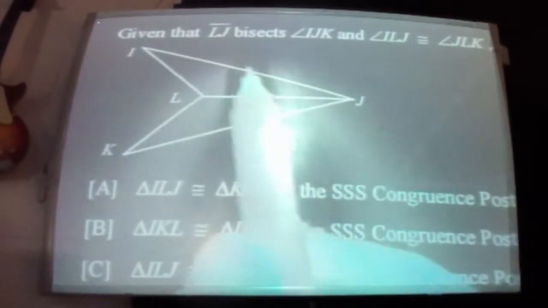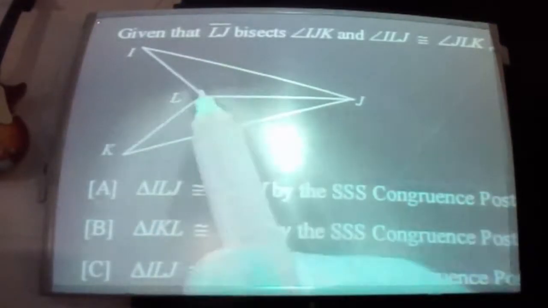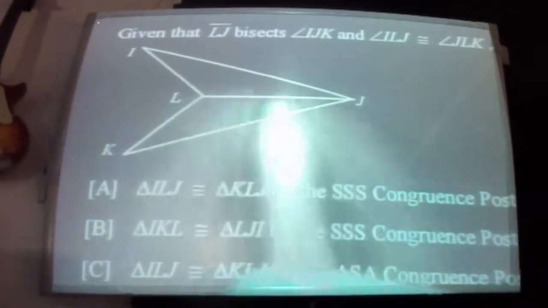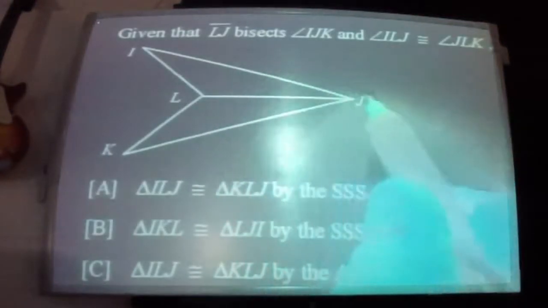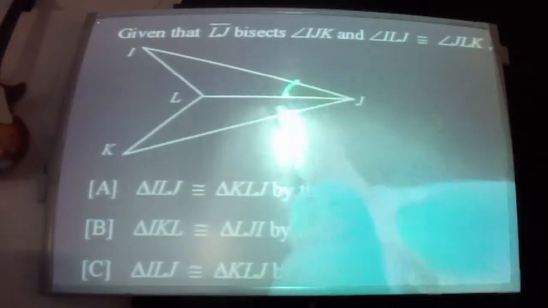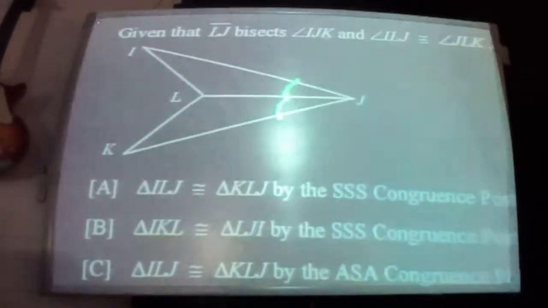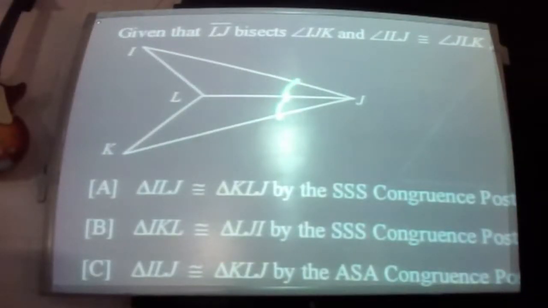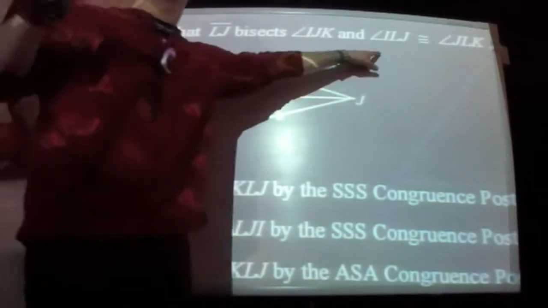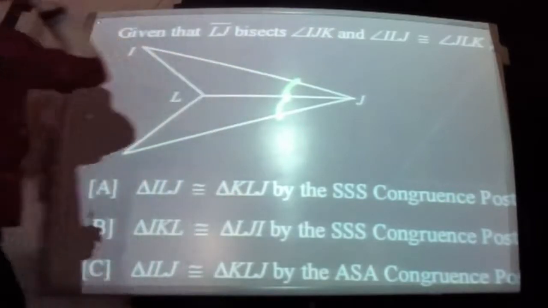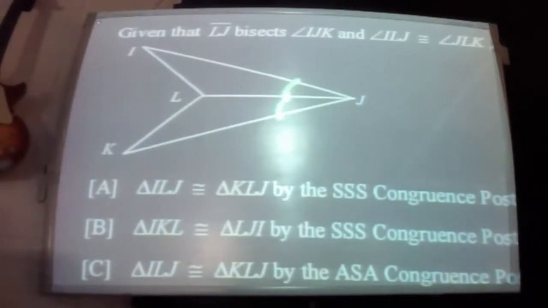They're telling you LJ is bisecting this angle right here. So this is congruent to this. Now they're not going to say bisects here. They're just going to say, also, I'm going to tell you another angle that's congruent. ILJ, where's that at?